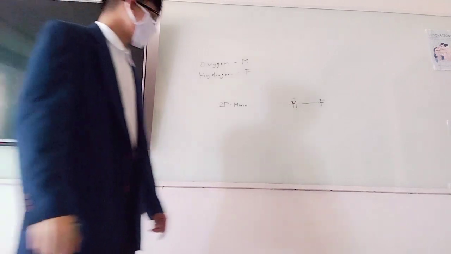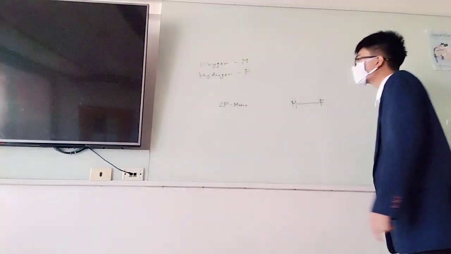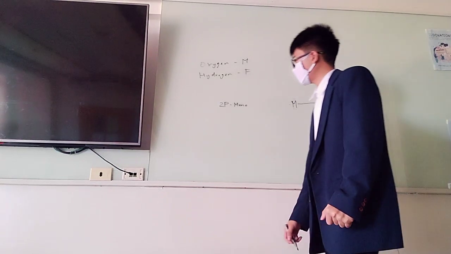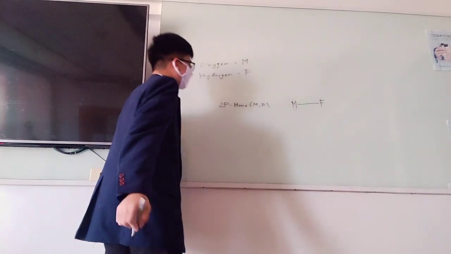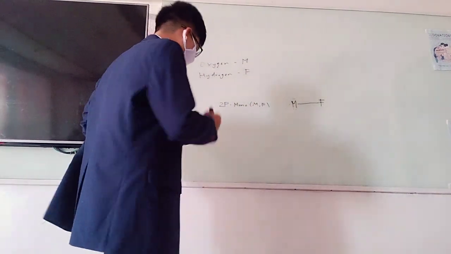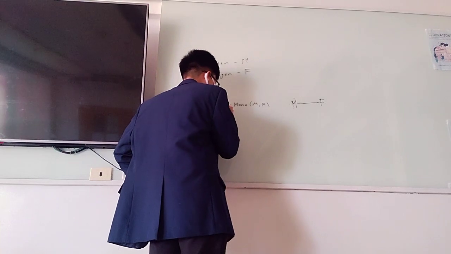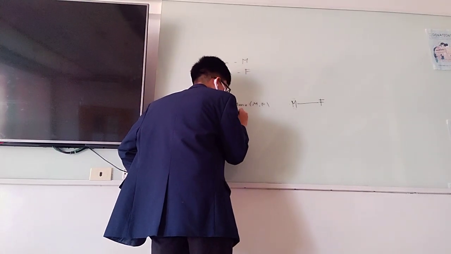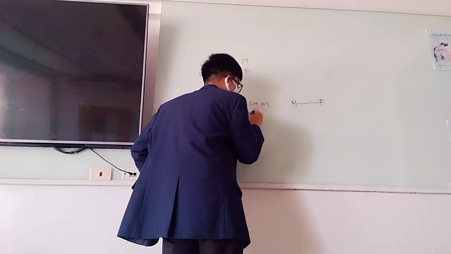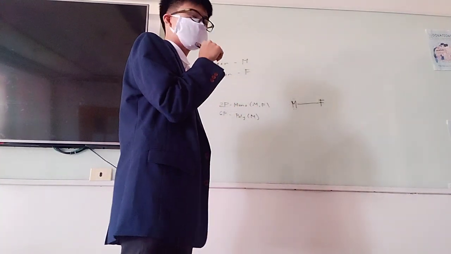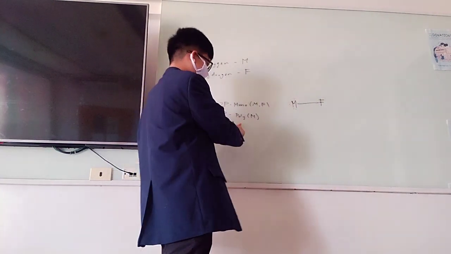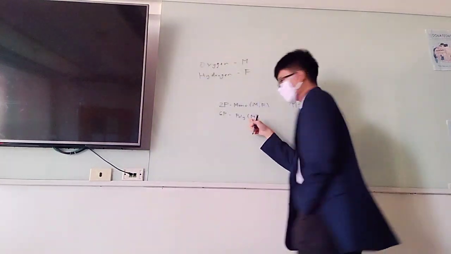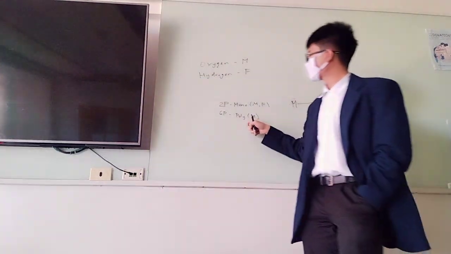Alright, so how about a polyamorous relationship? So this is a 2p mono between an M and an F. Now let's try to create the Kirov structure of a 6p poly relationship of M. Since we only have an M here, that means we have 6 males in a polyamorous relationship.